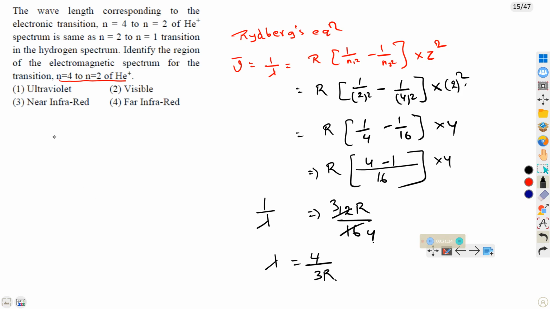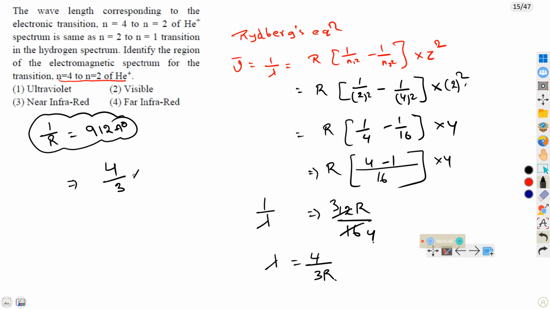Remember here, 1/R value simplified, then you will get 912 angstroms nearly. So 4/3 into 912 angstroms. Simplify 4/3 into 912 angstroms, then you will get 1216 angstroms. 1 angstrom is equal to 10 power minus 8 centimeters or 10 power minus 10 meters.